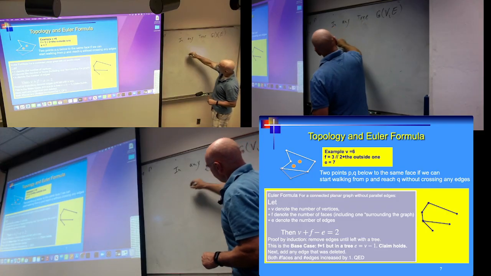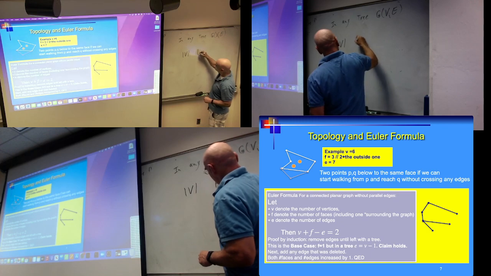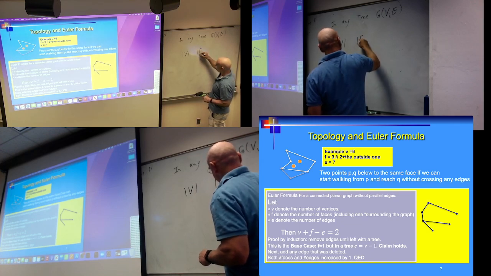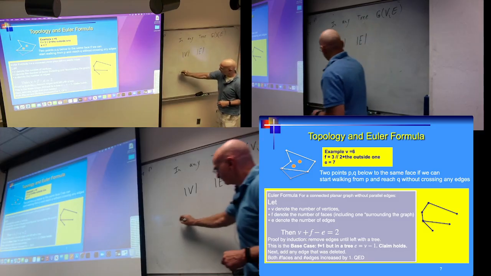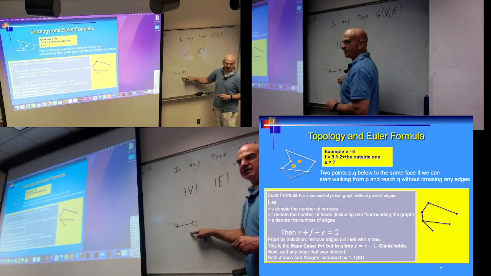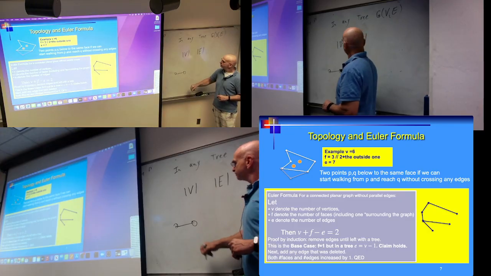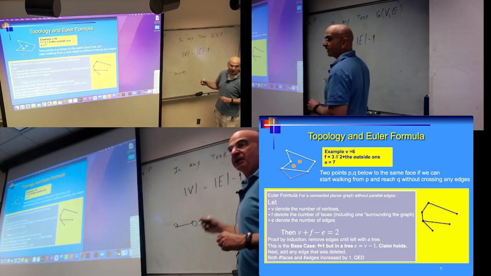So in any tree, I'm looking at the number of vertices and the number of edges. Example, here is a tree, 2 vertices, 1 edge. I want to tell you that it's always the case that V equals E plus 1 in a tree.